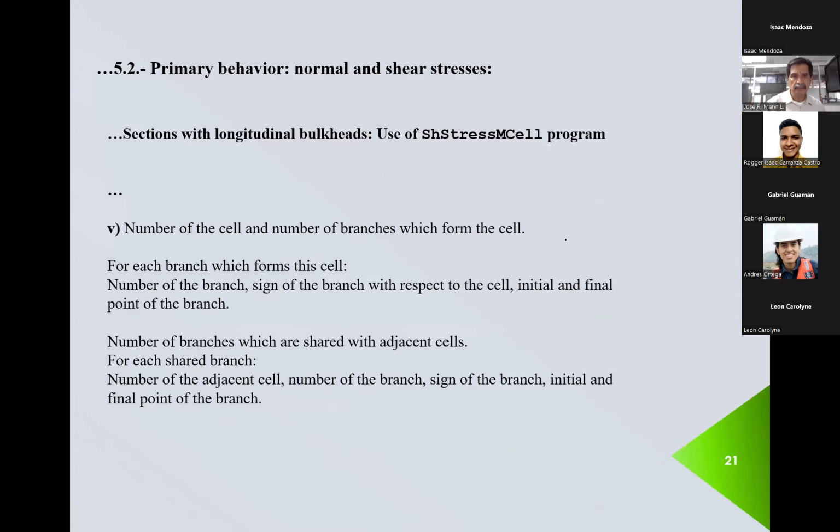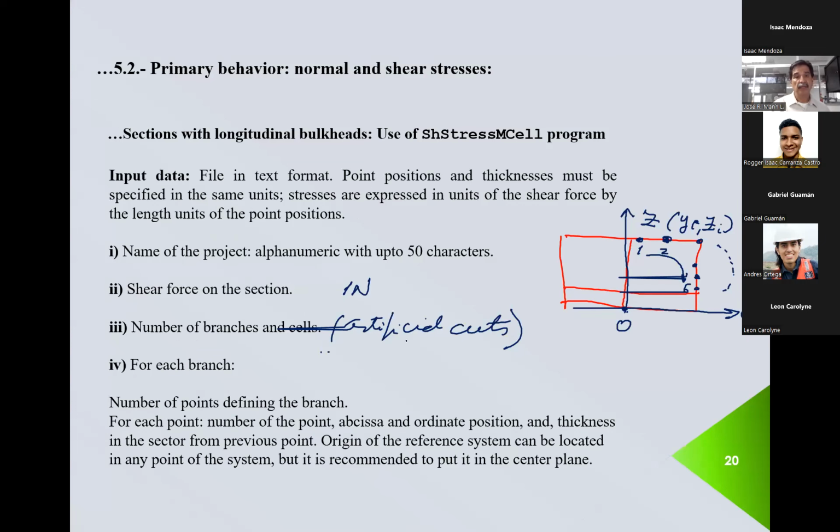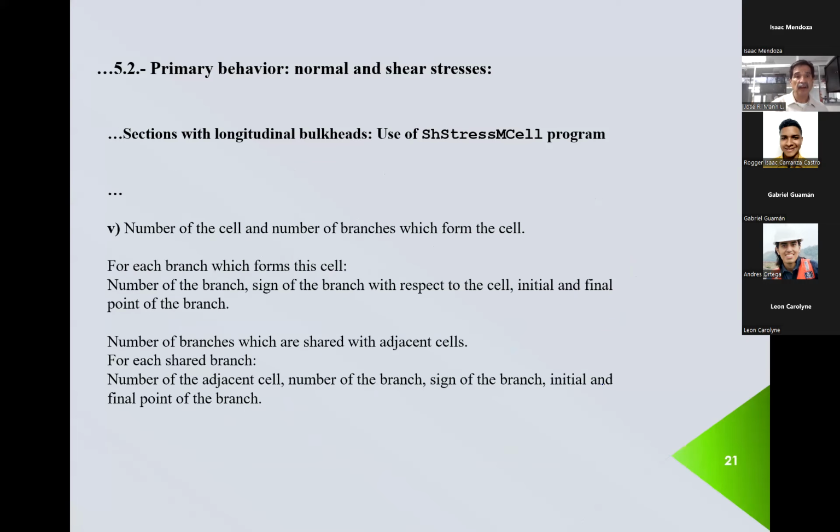Then, for each cell, okay, you have to see here, you have already defined the branches, okay? So you have these little pieces of the intersection, that's point 4. In point 5, for each cell, you have to do 2 things.